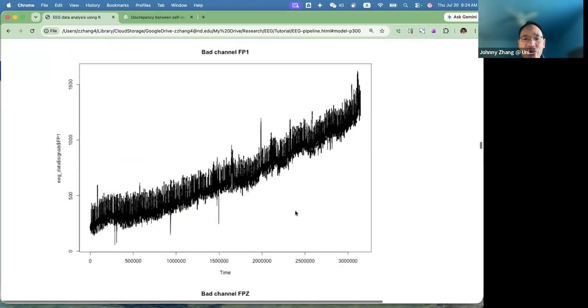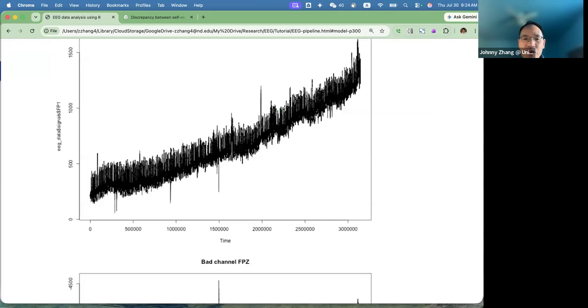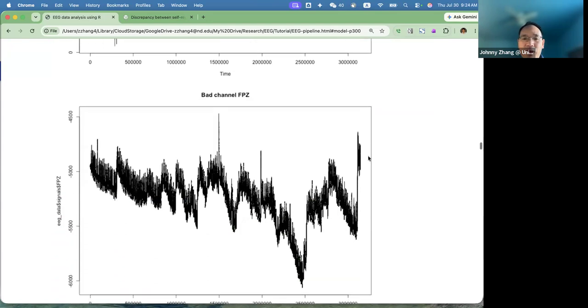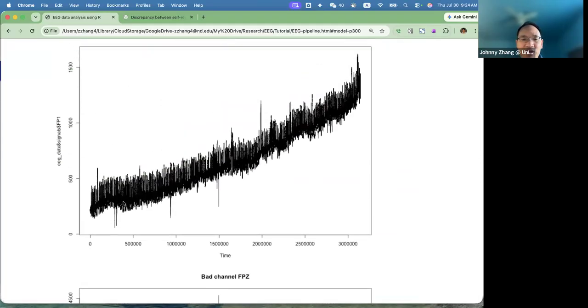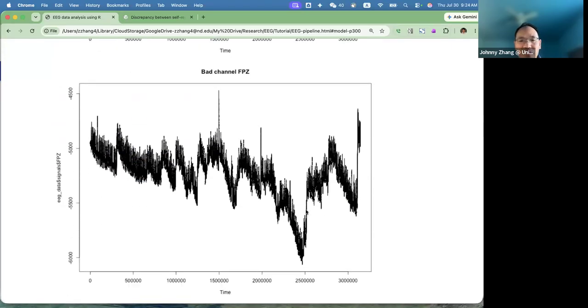For example, here I basically plot the channel information. So there seem to be some issues with the data. For example, there's a large drift for this FP1. So it potentially could be a bad channel. But at the same time, you see all those oscillations over time. So this also may mean they represent some valid information. And for FP2, there are some rapid changes at times.